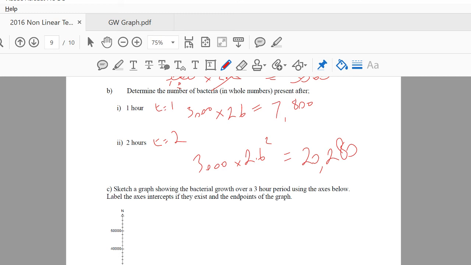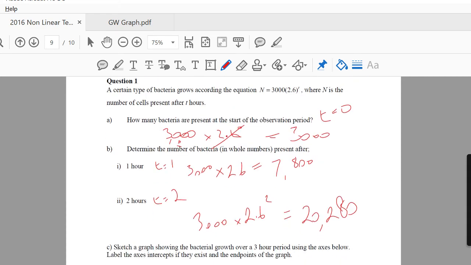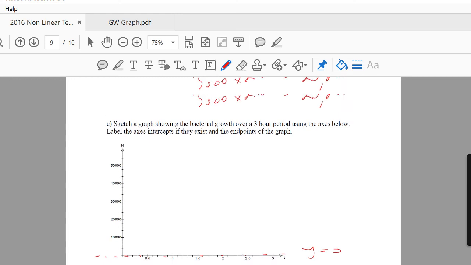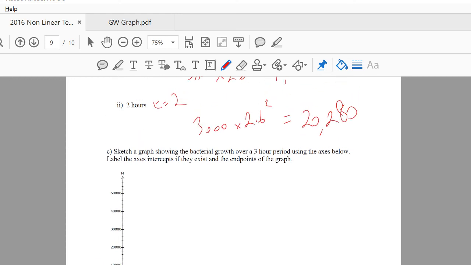Because we're looking only for the first 3 hours, we're going to go from 0 to 3. Now, when t is equal to 0, y was 3,000. So 3,000 is there. I'll label that point as being 0, 3 grand. And then we've actually worked out the next two.